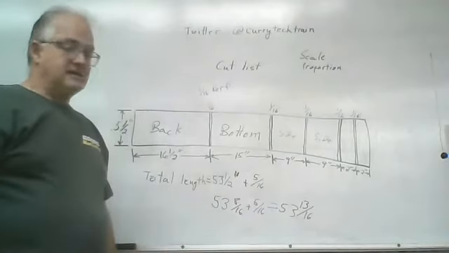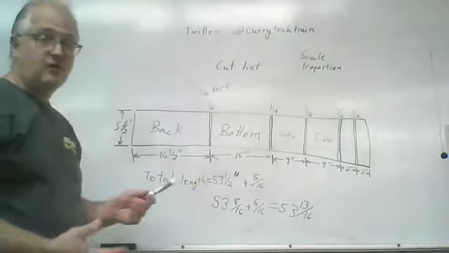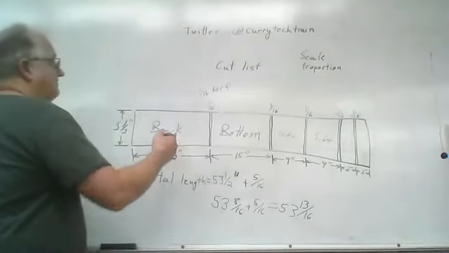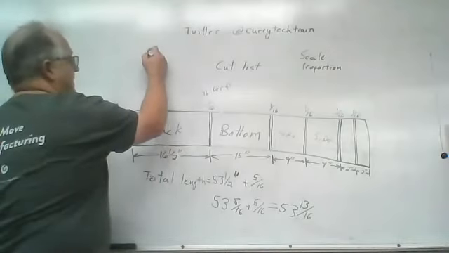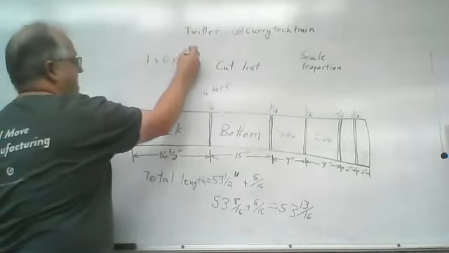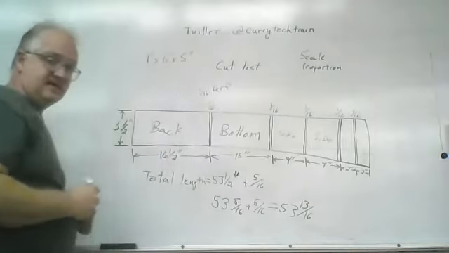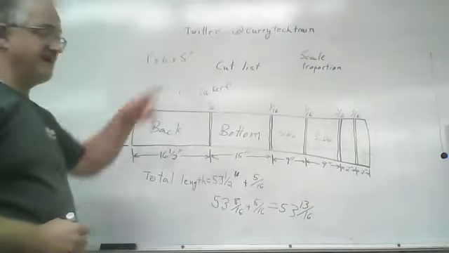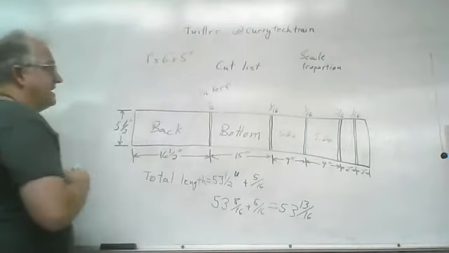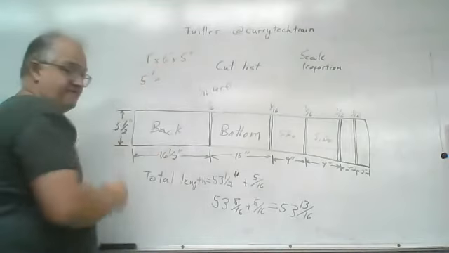Now, I mentioned before that you were basically going to roughly get a 5-foot long board. So the nominal size is a 1x6 by 5 foot. The first two, the thickness and width, are in inches. The last is 5 feet. Just as another review, if we say 5 feet, how many inches are in 5 feet?